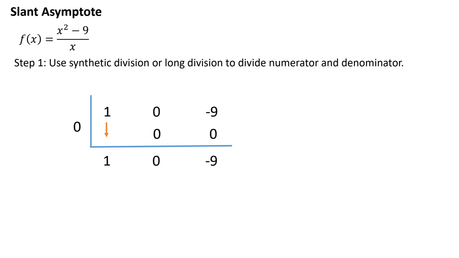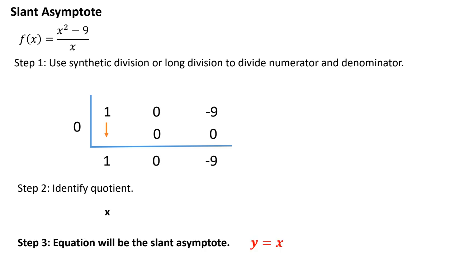So this identifies my quotient; the -9 is just my remainder, and the only part left over is 1 and no constant. So the polynomial is just x. This would be the equation of my slant asymptote: y equals x.